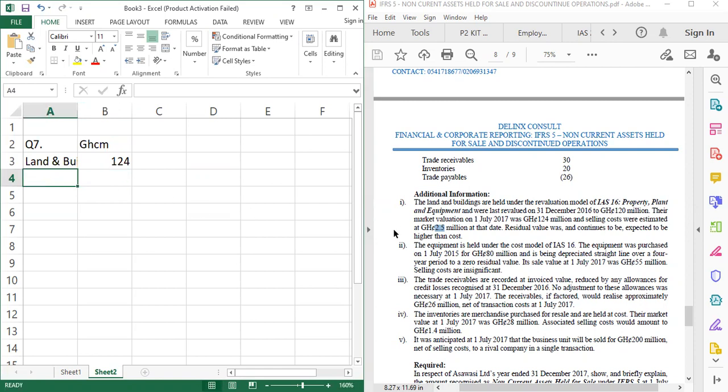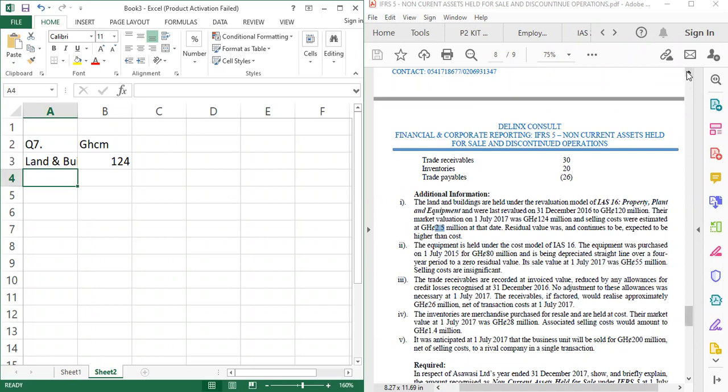Let's come to the next footnote. The equipment is held under the cost model of IAS 16. The equipment was purchased on July 2015 for 80 million and is being depreciated straight line over a 4-year period to zero residual value. Its sales value at July 2017 was 55 million. Selling costs are insignificant. We are not selling these assets single-handedly, we are selling them as a group. But we need to know their carrying value as at this date.